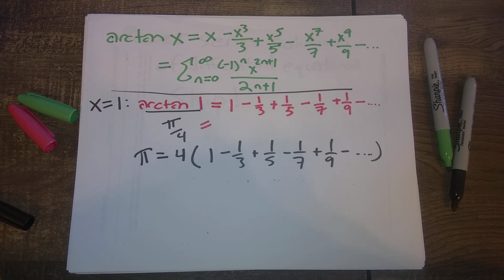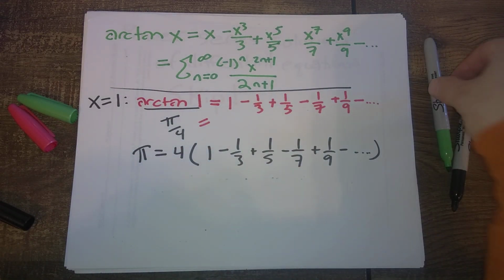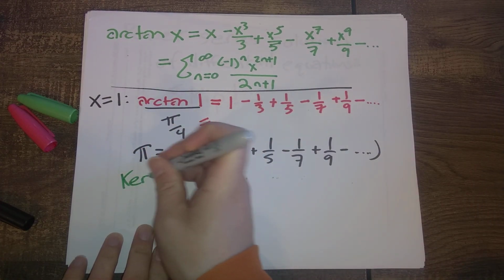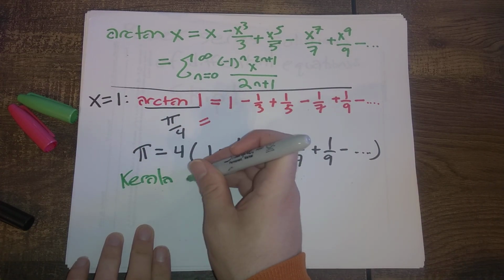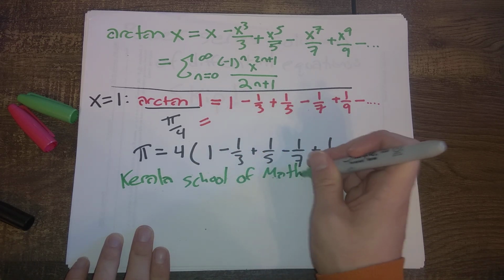Just as a little historical note, we're doing calculus, so people really associate mathematicians like Newton and Leibniz with discovering calculus in the late 1600s. But this particular formula was known to mathematicians in the Kerala School of Mathematics.